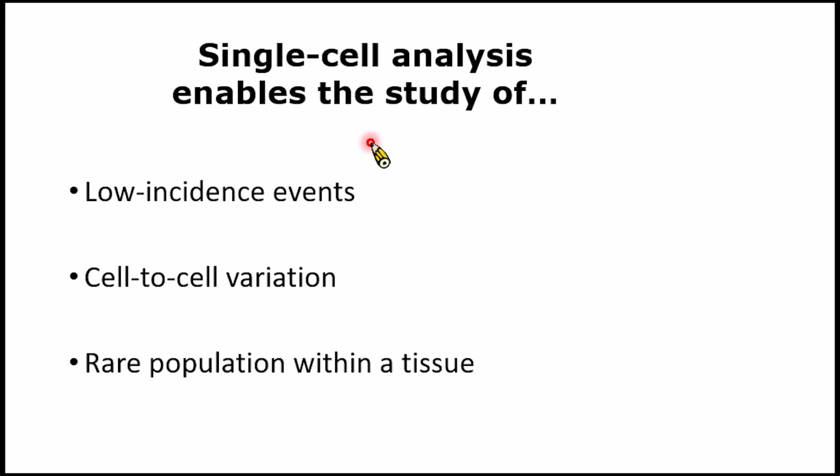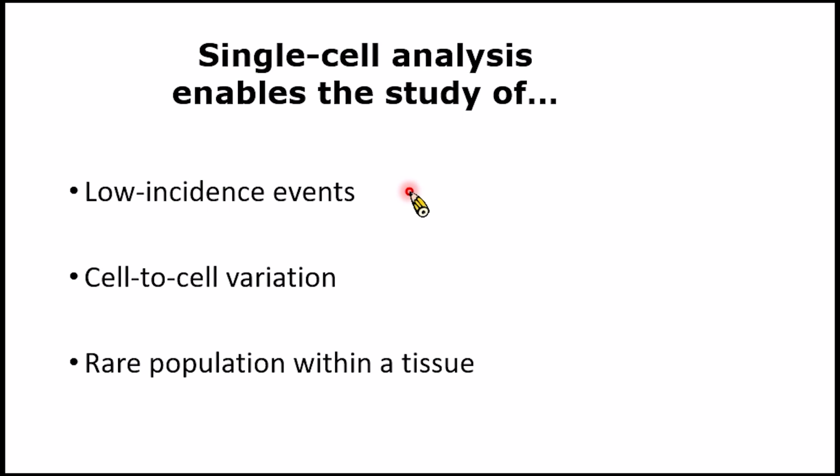But nowadays, scientists have been developing and using what is even more precise, which is single-cell genomic analysis. And single-cell analysis enables the study of different things that you won't be able to see if you were just looking at the average in bulk sequencing. These include low incidence events.